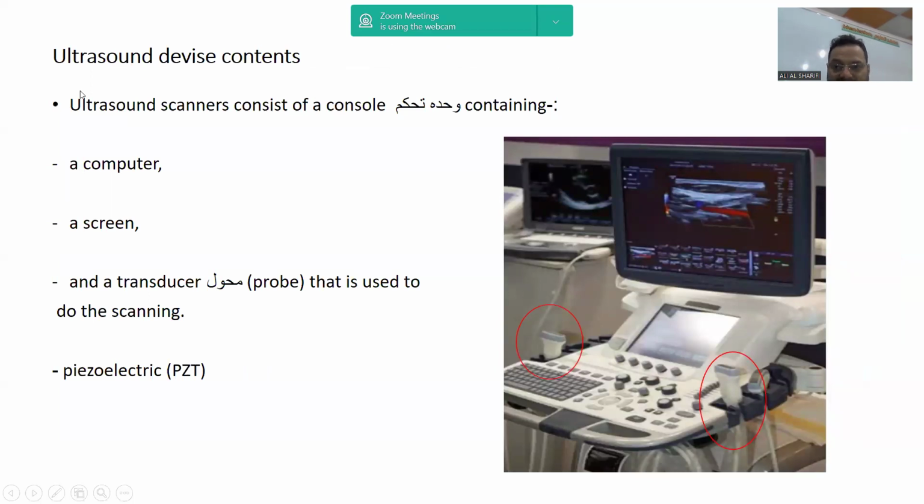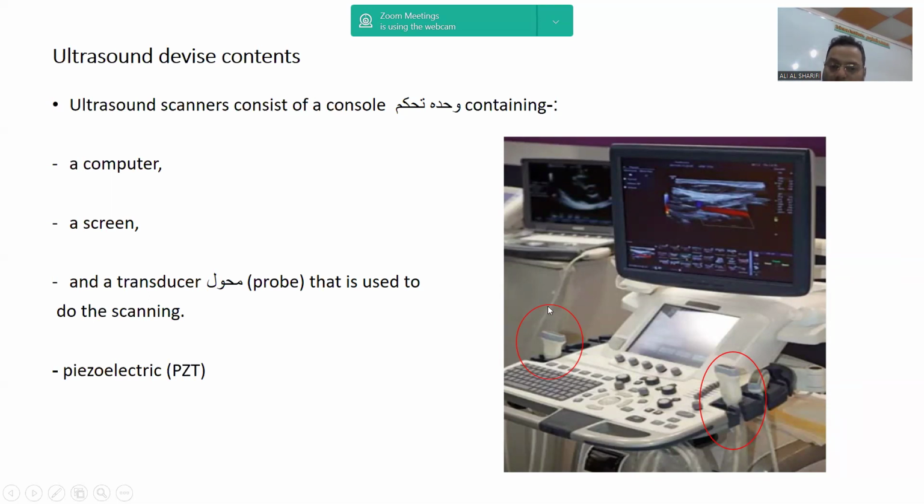Ultrasound defined contents. Let's think about how this machine works, and what it depends on. What are the ultrasound machine contents? At first, from this picture, we can imagine the first content of this ultrasound machine is the computer, the screen, and these two handle things.